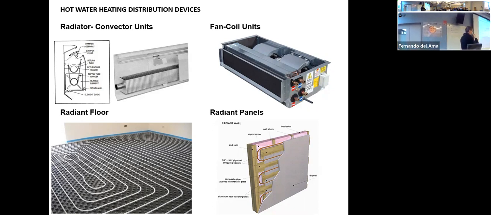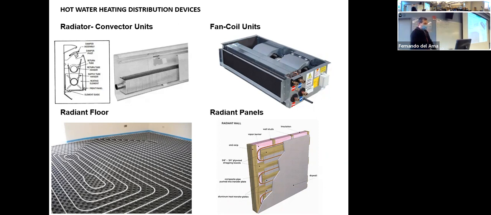Here we have water. Through the fan coil, we circulate water, and it can be hot water for heating or cold water for cooling. So a fan coil has a fan that moves the air, and a coil that circulates fluid, water.